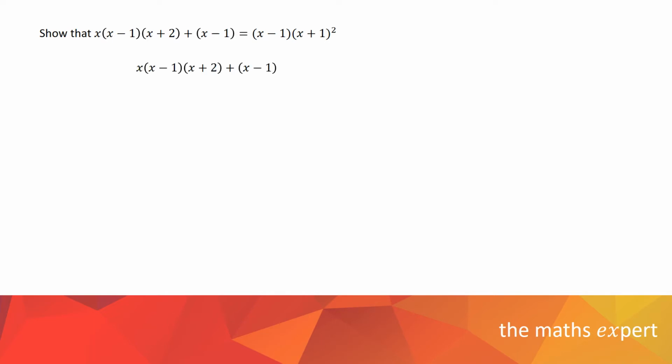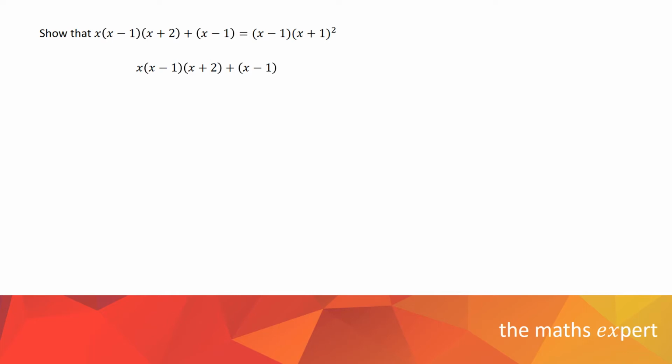For the first question, I will start with the left-hand side. Now I need to make a logical next step. What would you do? If you have made a decision to expand without thinking why, then you are not making a logical next step. Our goal is the right-hand side, which has a factor of x minus 1.